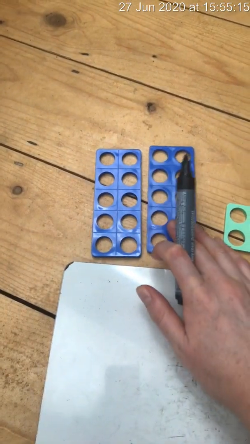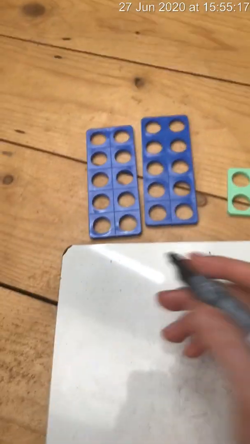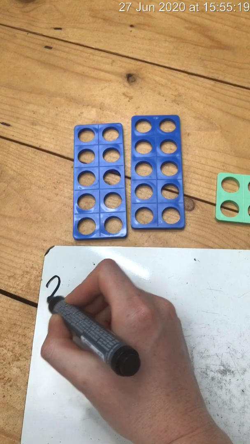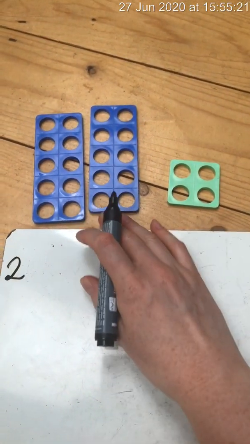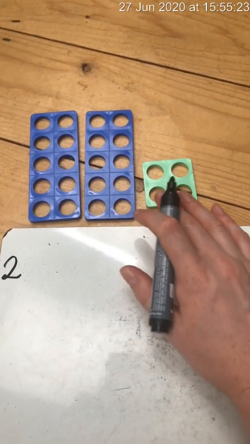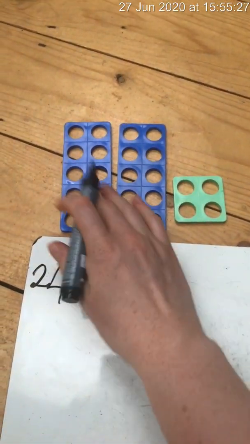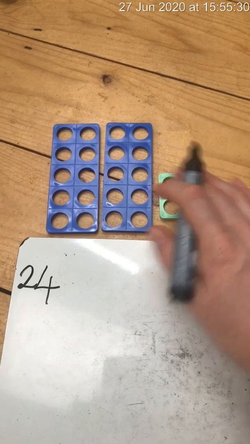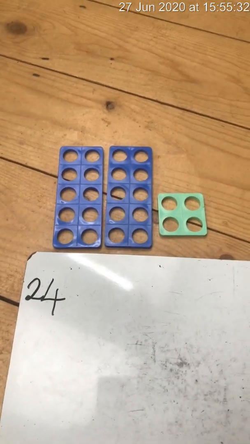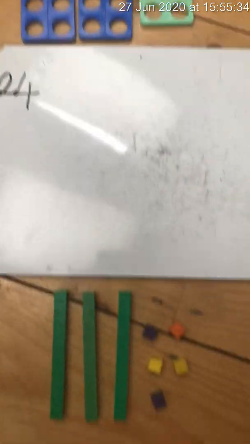So we've got how many tens? 1, 2, 2 tens. And then how many ones have we got here? 1, 2, 3, 4. Lovely. 10, 20, 1, 2, 3, 4, 24. Okay, so that's our first number we found.